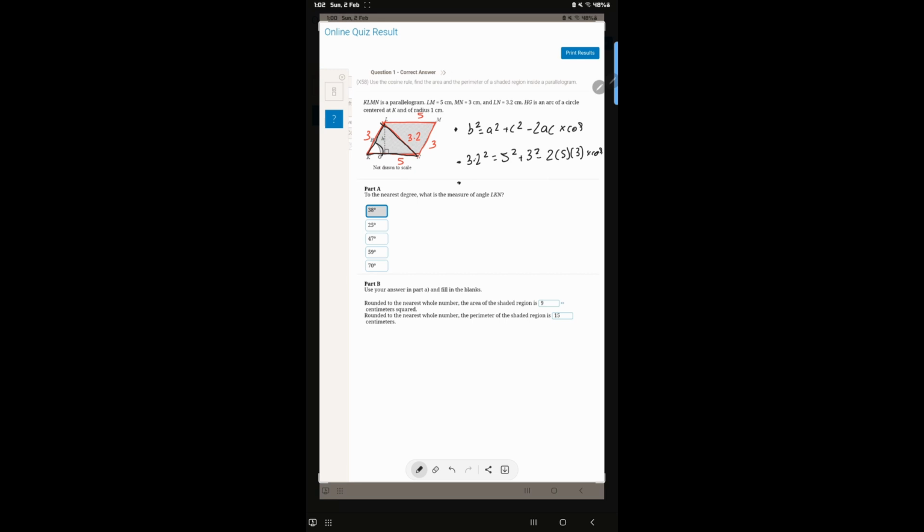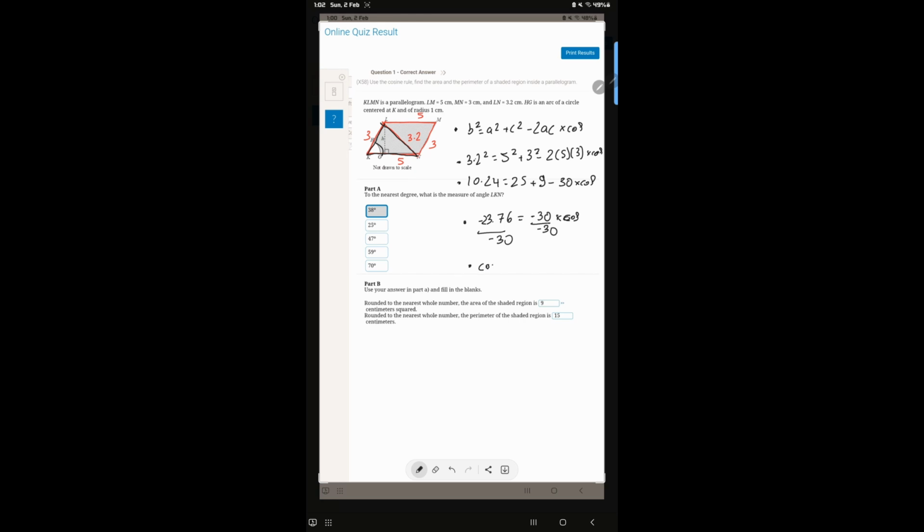Now just simplify this. 3.2 squared is equal to 10.24. 25 plus 9 minus 30 times cosine. Subtract 34 on both sides. You get negative 23.76 is equal to negative 30 times cosine. Divide by negative 30 on both sides.